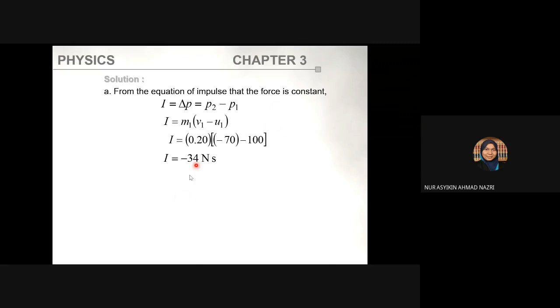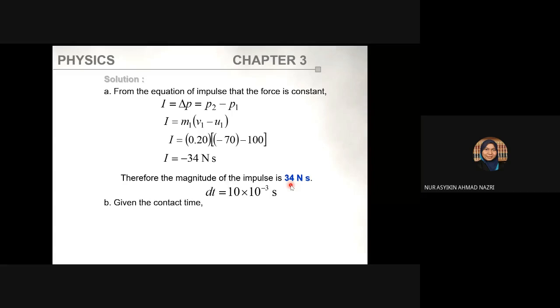Alright, so we get a negative impulse. Since the question asks for the magnitude only, you give the magnitude, 34 Newton second. For part B, you need to find the time, and the average force, F average.